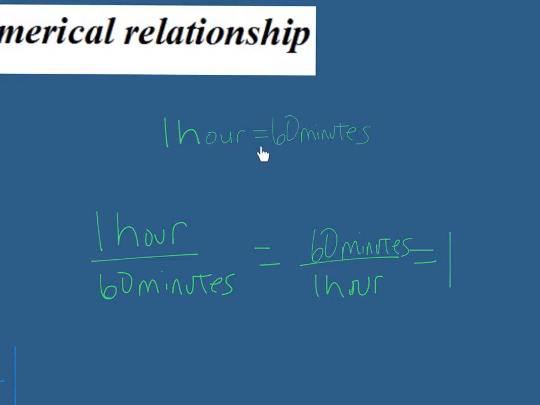Because they are equivalent values, it's the same thing as writing, say, 60 minutes divided by 60 minutes. So it would equal 1. Again, we would use this to change the units, even though what we end up with is going to be the same value.